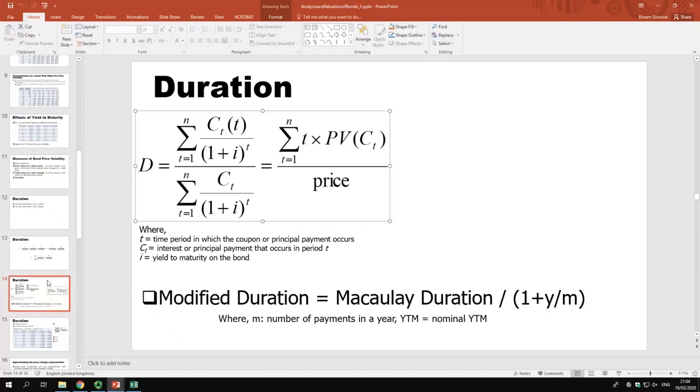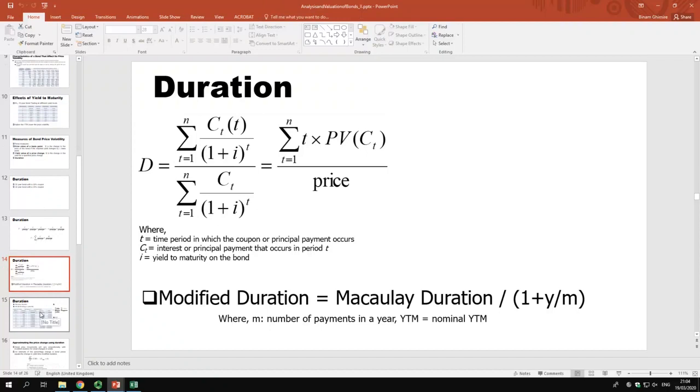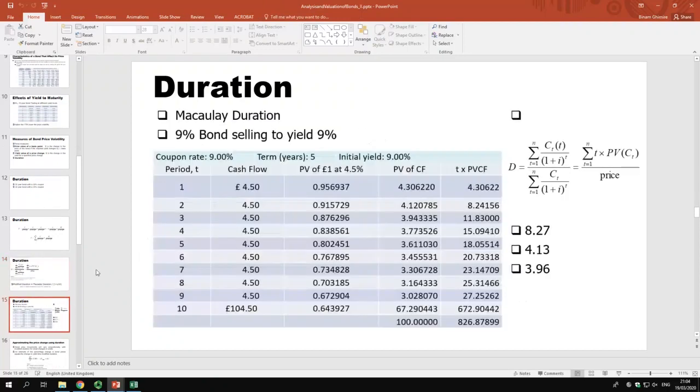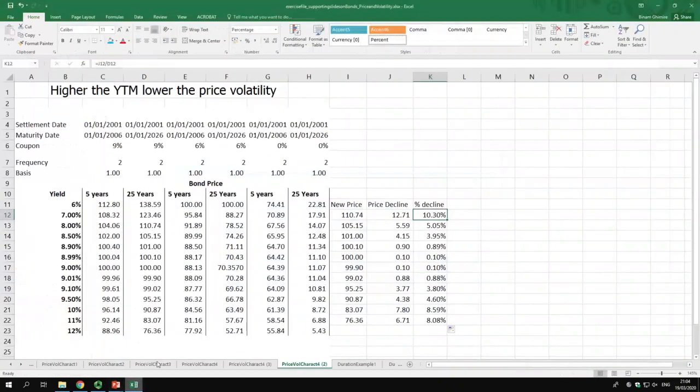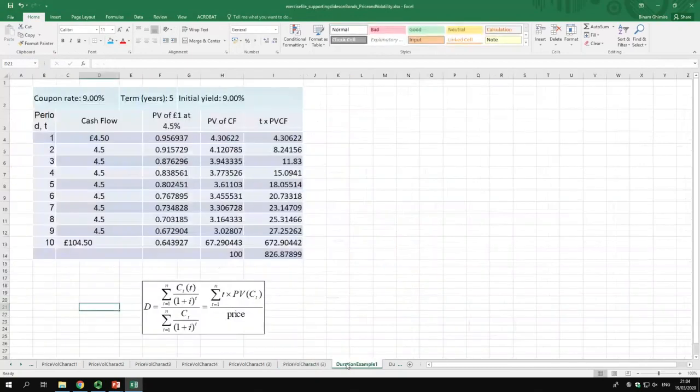So how is a duration measure calculated? Here is a very simple example, and I'm going to open the Excel file to show you this particular example, in which the coupon is 9% and the term is 5 years. Because it's a semi-annual payment, it is 10 periods.